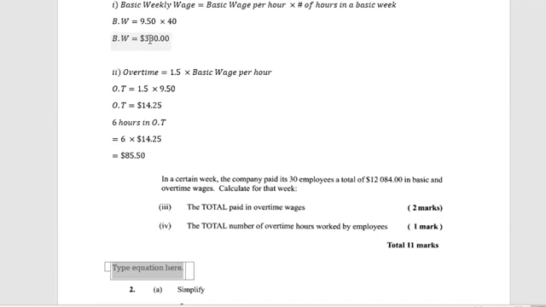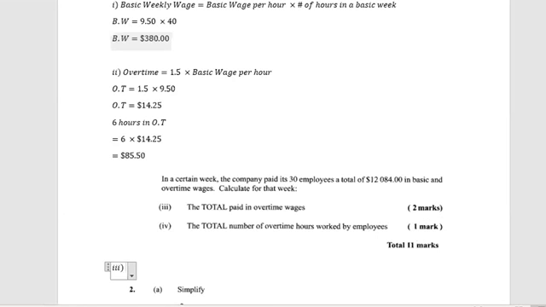When we get that amount, we will now subtract that from the total amount that was paid from this company, which is $12,084, and whatever that remains will be considered to be overtime wage. So let me just show you exactly what I am saying.